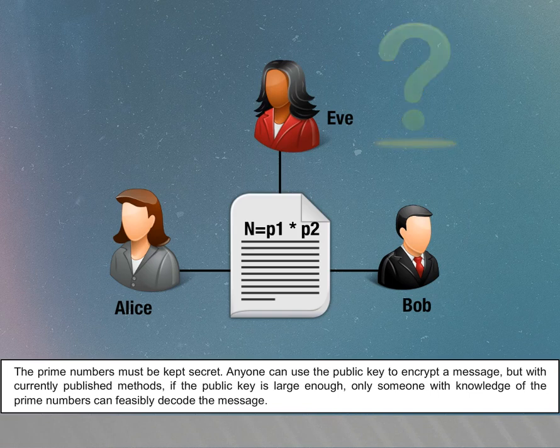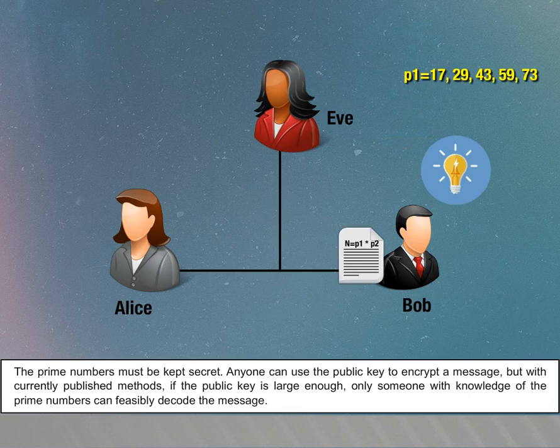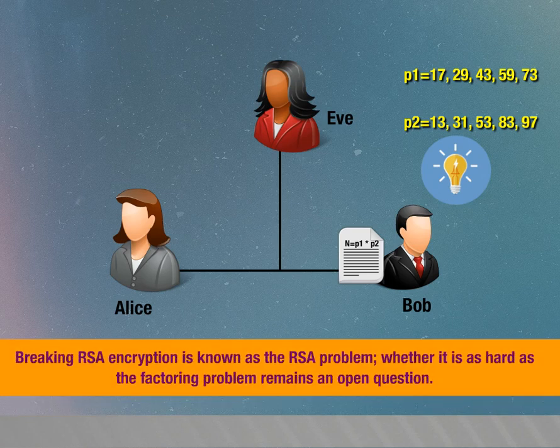Anyone can use the public key to encrypt a message, but with currently published methods, if the public key is large enough, only someone with knowledge of the prime numbers can feasibly decode the message. Breaking RSA encryption is known as the RSA problem. Whether it is as hard as the factoring problem remains an open question.